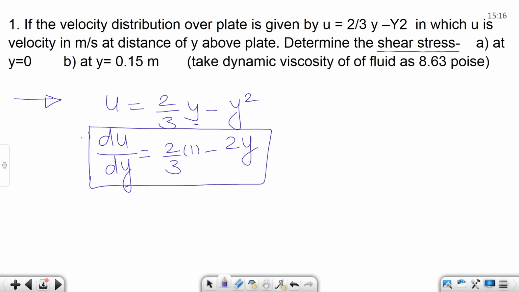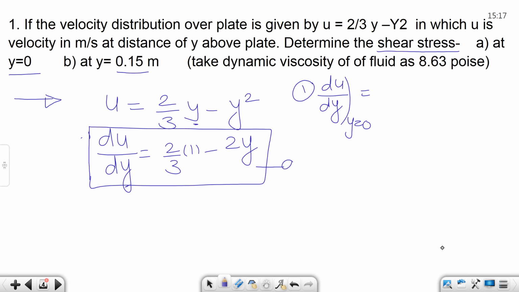So very simple problem, we need to find out shear stress at 2 points, y is equal to 0 and y is equal to 0.15. So first, I'll find out the value of du by dy at y is equal to 0.